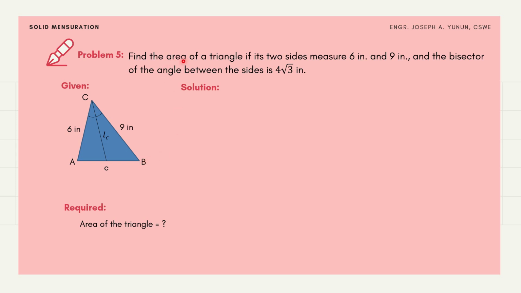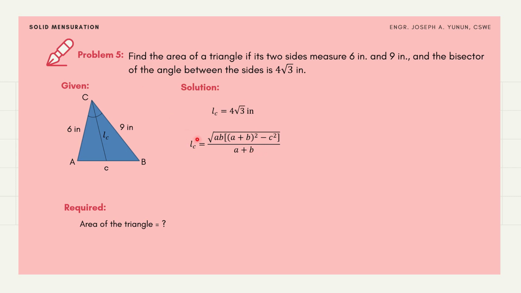So that's the required. For the solution, you have this given 4 square root of 3, which is the angle bisector. And for that angle bisector, you have your formula: the square root of the product of A and B, then the sum of these sides squared, minus C squared, which is the base, over A plus B. Now, what are we going to solve?